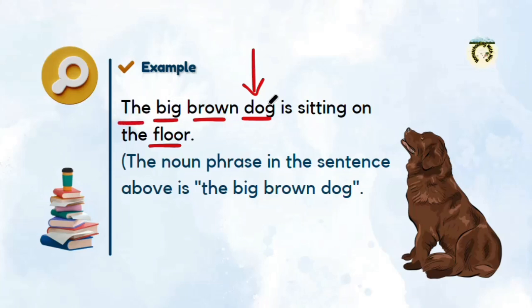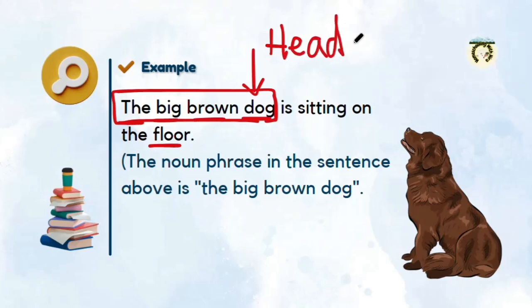So this group of words, the big brown dog, if we just separate it from the sentence, will be a phrase. And which type of phrase? A noun phrase, because here we have a head noun and the words that are explaining or modifying the noun.